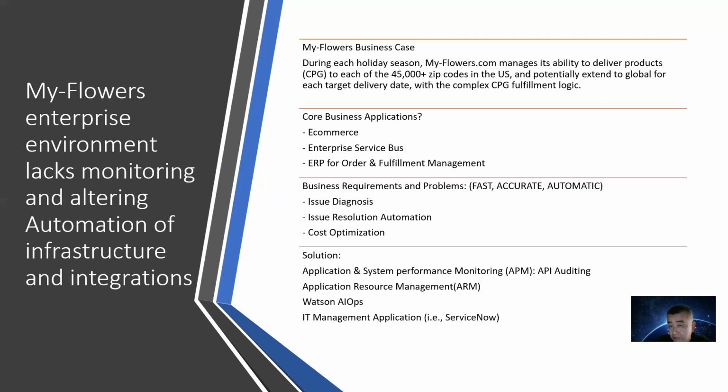And there is also a need for some automation. For automation, we need detection, which is APM, application performance monitoring. And after monitoring, we need to do resource management: allocate new resources, scale out and scale in.